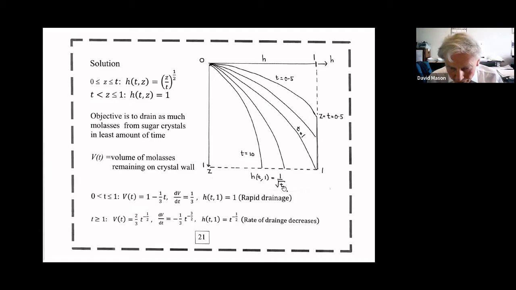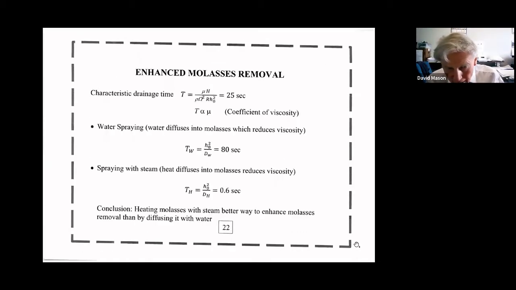It behaves like 1 upon root t. For example, dV by dt is a constant, a third, when you're in this range, and it's quite slow. It's like t to the minus 3 upon 2. So how can you speed this up? That was what they were wanting to do. And we can look at characteristic times.